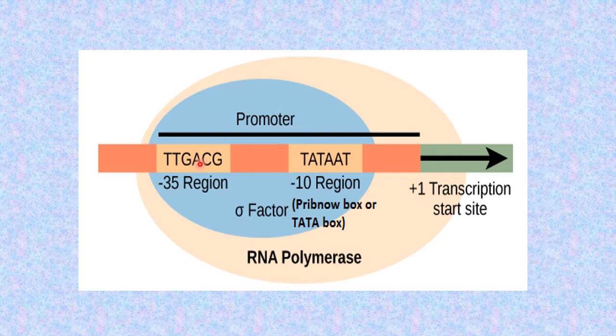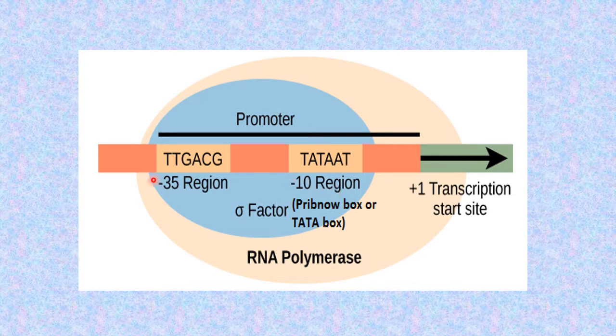So upstream, that is towards its 3' end, approximately 10 nucleotides upstream, there is a TATA box. TATA box because it is rich in thymine and adenine nucleotides. It is also known as the Pribnow box.